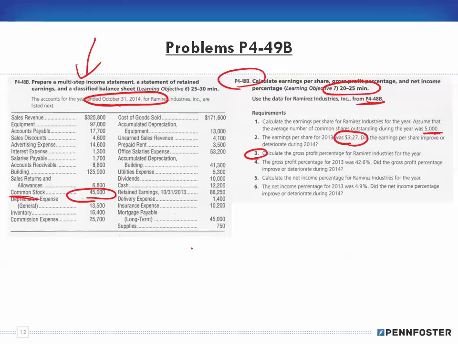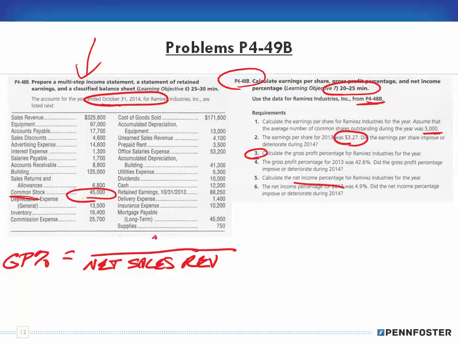Calculate the gross profit percentage. All right, gross profit percentage. If you recall from the theory, for gross profit percentage and the net income percentage, in the denominator I just have to remember that it's net sales revenue. And since this is gross profit, I put gross profit in the numerator.